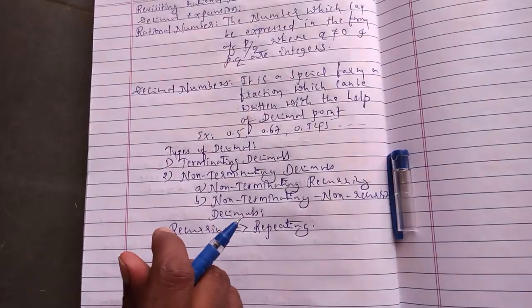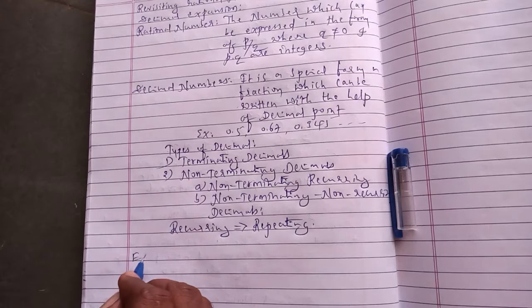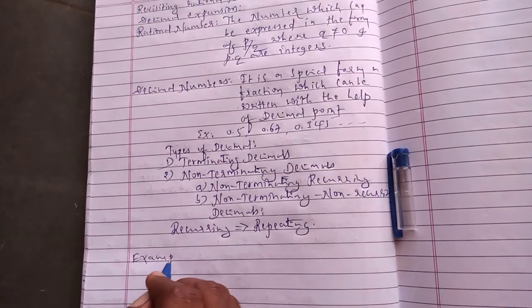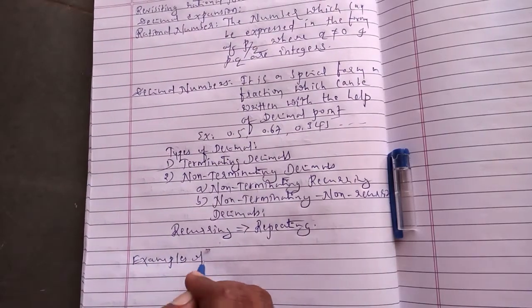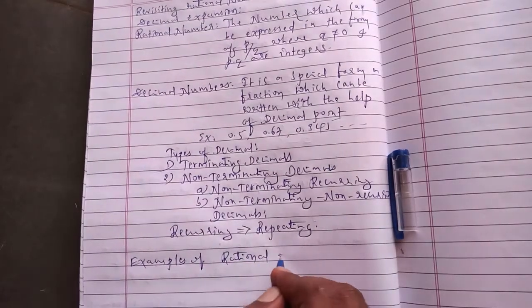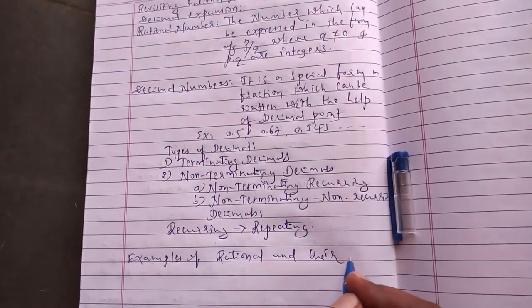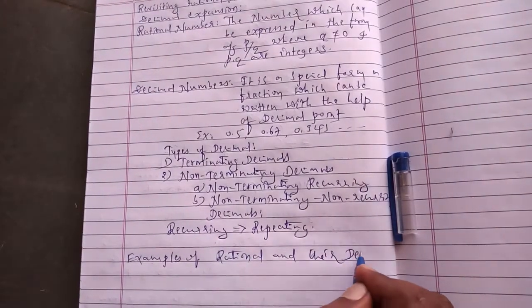Okay, some examples of rational numbers and their decimal forms.